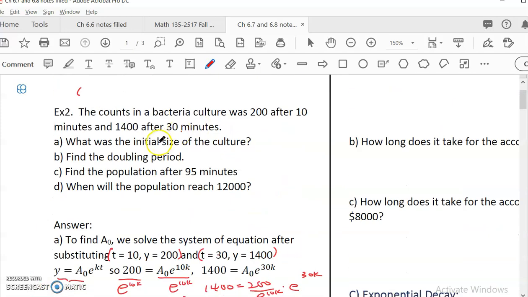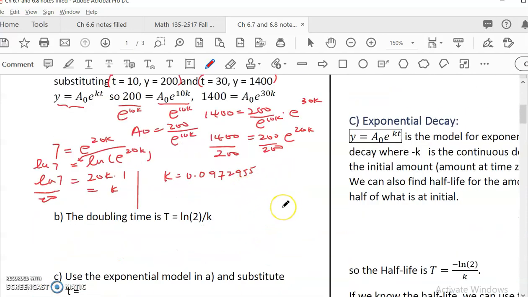The first one was the initial size. Initial size is this one, right? So a0 is 200 over e to the 10 times 0.0972955. So just plug it in.